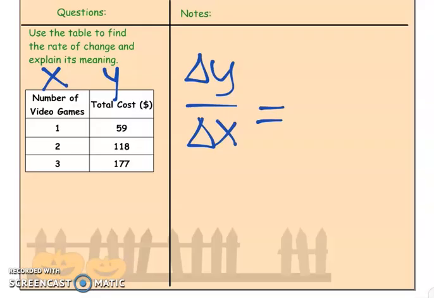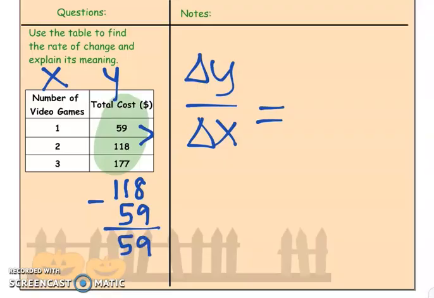So here are my y values. How much is it changing going from one to the next? So from 59 to 118, to figure out how much it changes, I can subtract them. So it's changing $59 because I'm looking at my label.